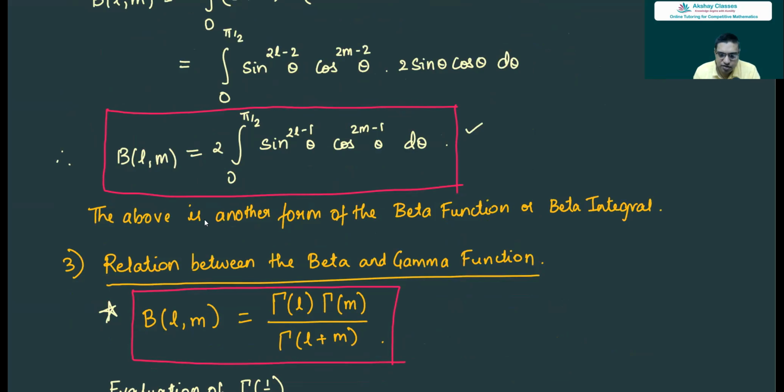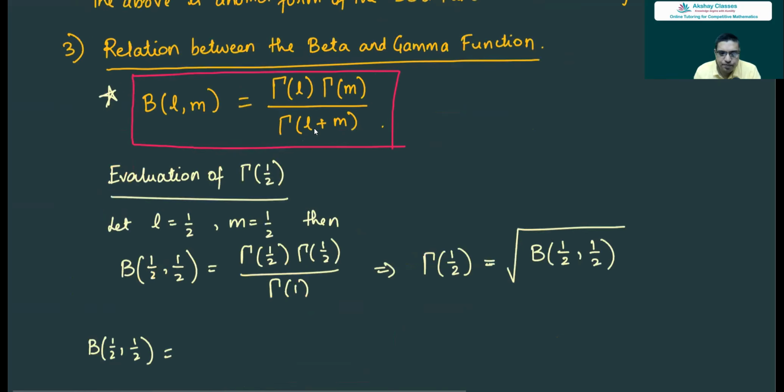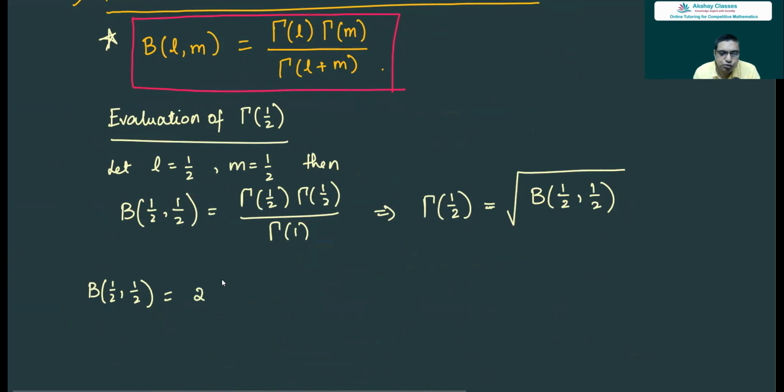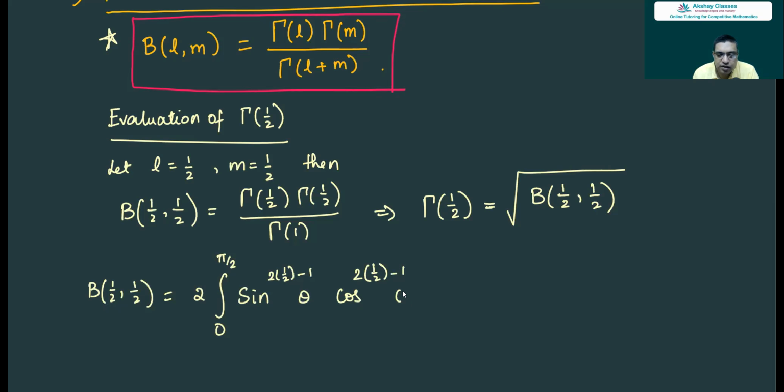Okay, this particular result. So substitute L equal to half, M equal to half. So 2 into half becomes 1, 1 minus 1, 0. So this is 2 times integral 0 to pi by 2 sine to the power 2 into half minus 1 theta cos to the power 2 into half minus 1 theta d theta.